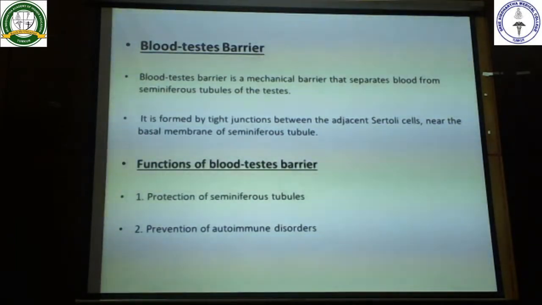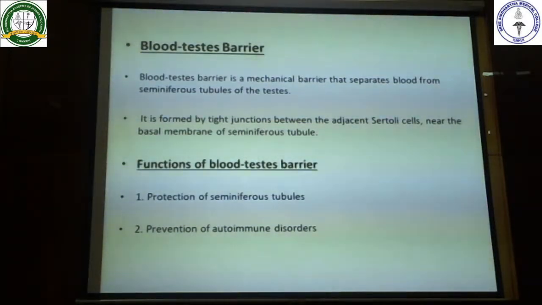Don't write the answer for blood-brain barrier as blood-testis barrier and blood-testis barrier as blood-brain barrier. By just seeing the word barrier in the question, don't get excited. Every time it may not be blood-brain barrier. It can be blood-testis barrier also sometimes in the exam. Okay.